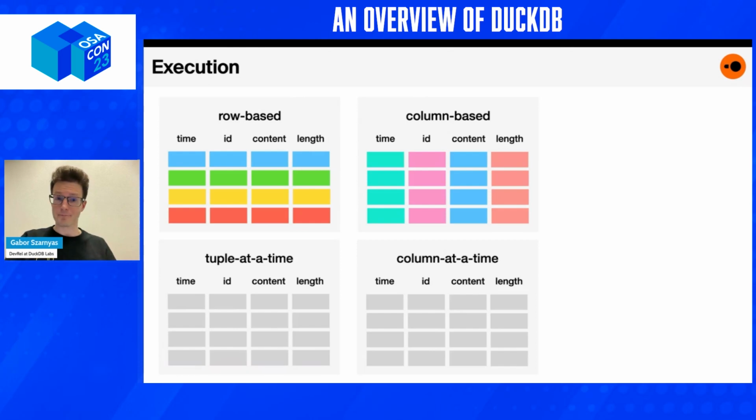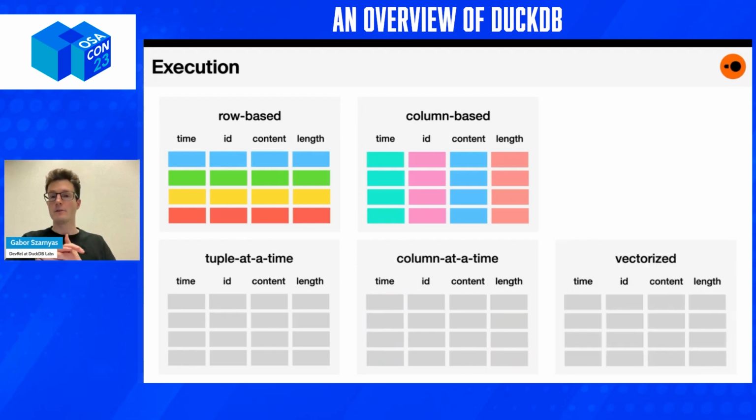Column at a time is a better model if we do analytics, because if we want to do something like an aggregate of the length over time, then we only need to get the length and the time. The problem is these columns are huge. In our previous example, they had more than 500 million rows. So if we do column at a time processing for large data sets, we will just crash and run out of memory. So a third approach that we have for execution is vectorized, which is kind of a Goldilocks approach.